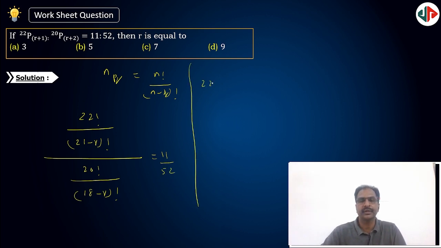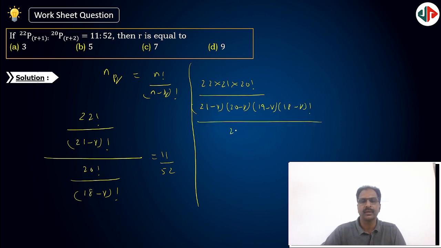Now 22 factorial can be written as 22 into 21 into 20 factorial, and 21 minus r factorial is 21 minus r into 20 minus r into 19 minus r into 18 minus r factorial.